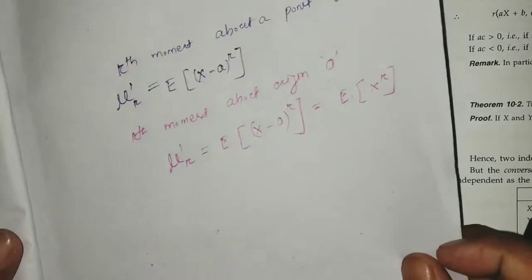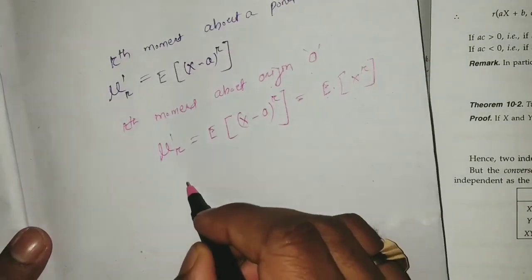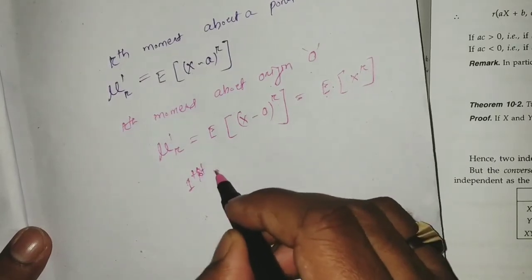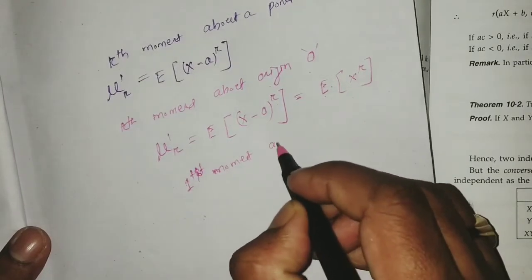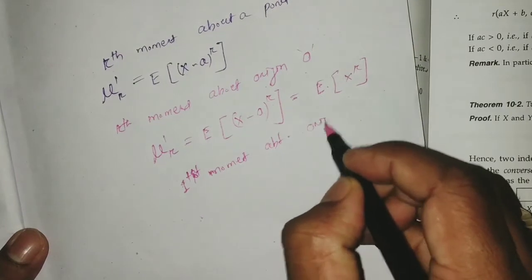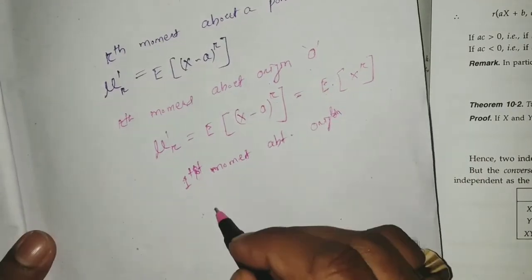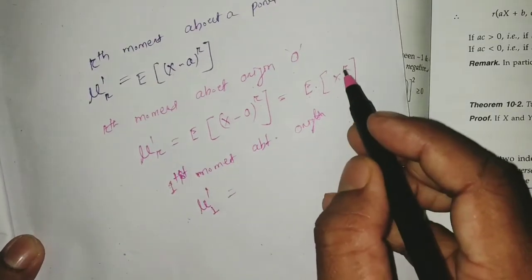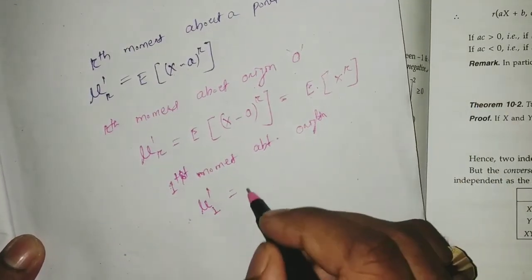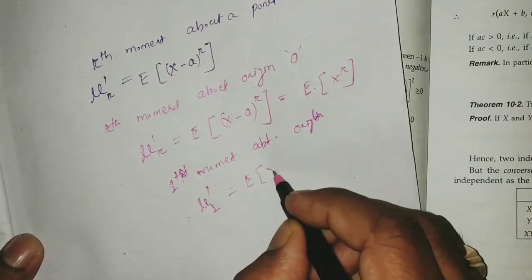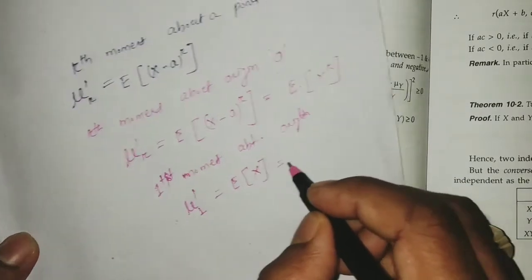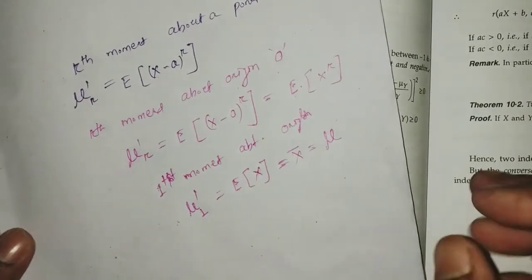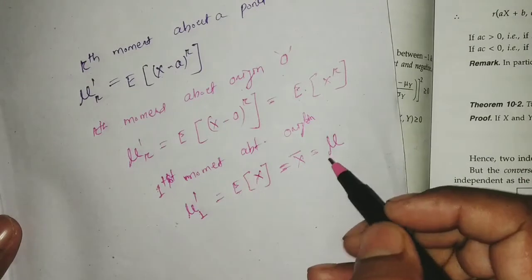Okay, so if we consider the first moment about the origin, it is nothing but your mean itself, mu 1 dash. Here instead of r we consider 1, so it will be the expectation of x. That means this is nothing but x bar or mu, different representations we already discussed.